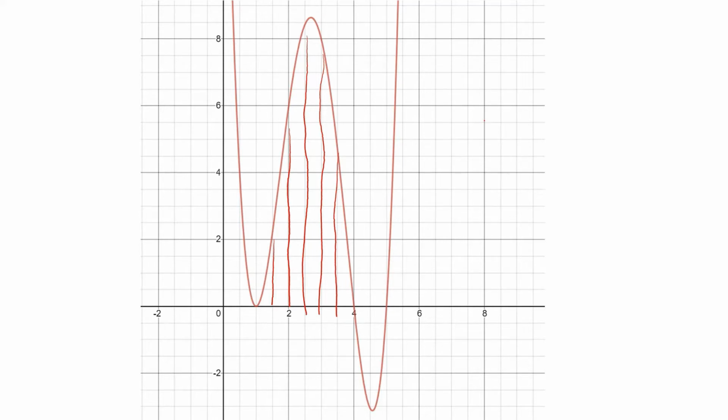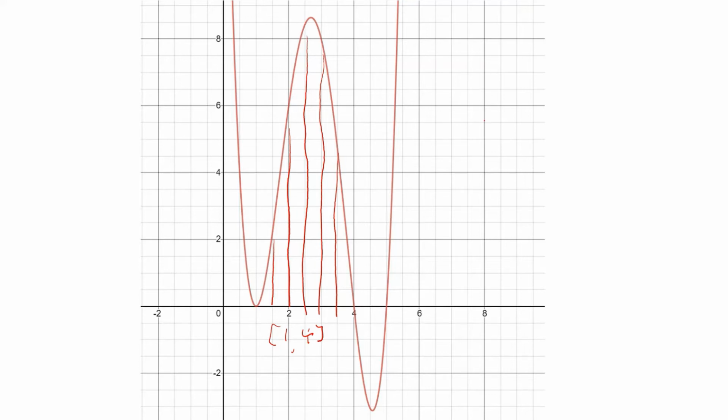I just did some intervals on the middle arc of the graph, from about 1 to 4, so it's on the interval 1 to 4. And I've split it up into 6 different intervals.